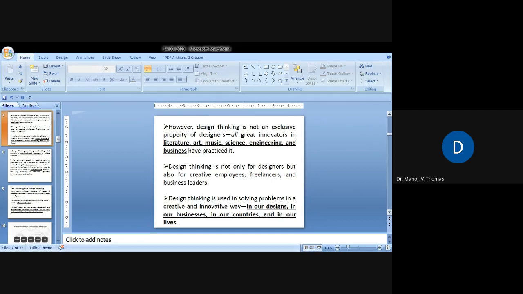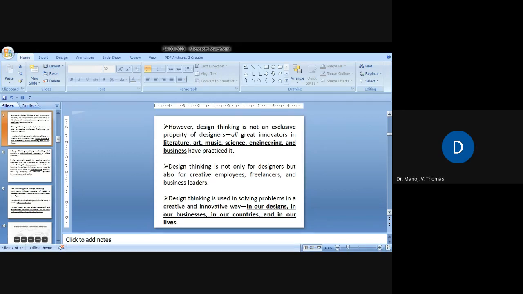Basically, it is an approach for devising solutions to various problems. The problem may be faced by an individual, may be faced within a business, or may be faced by countries or all countries globally. Say, for example, global warming, how to reduce carbon emission, carbon footprint. That's an issue faced by all human beings, all countries in the world.